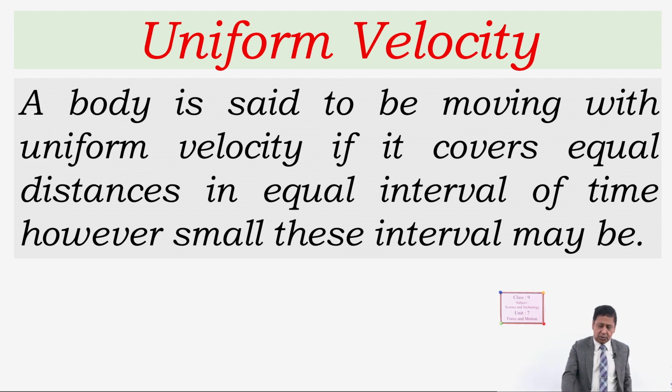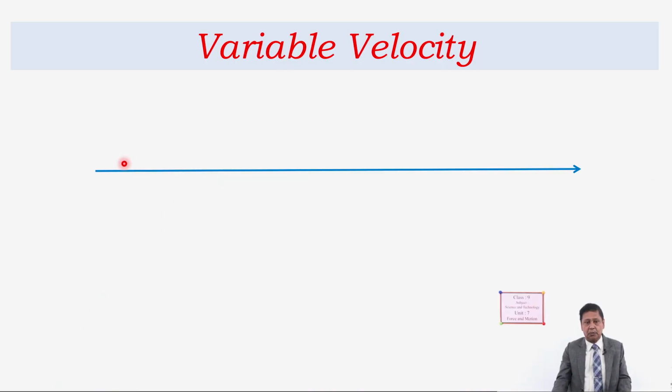Now let us talk about non-uniform velocity or variable velocity. I want to present one diagram again. Let us say a body is moving towards this direction and these are the marks after every 1 second showing the position of the body.